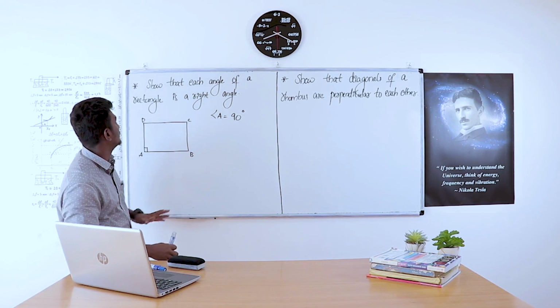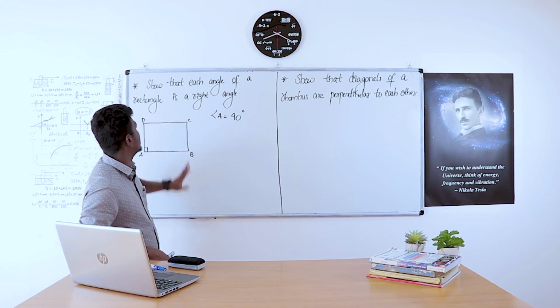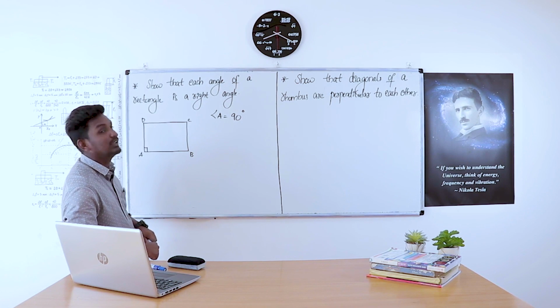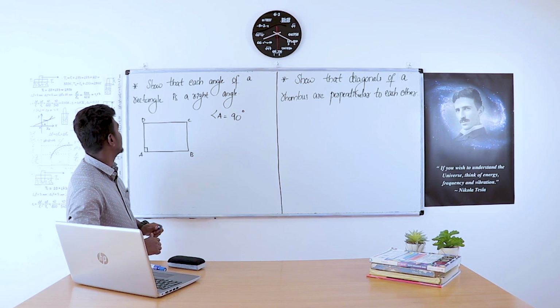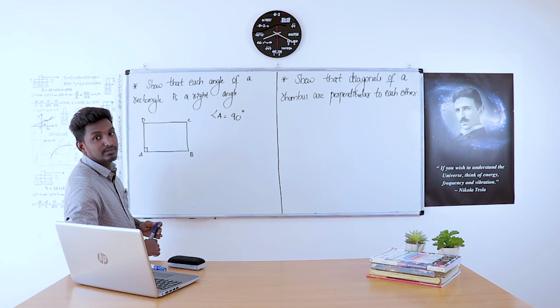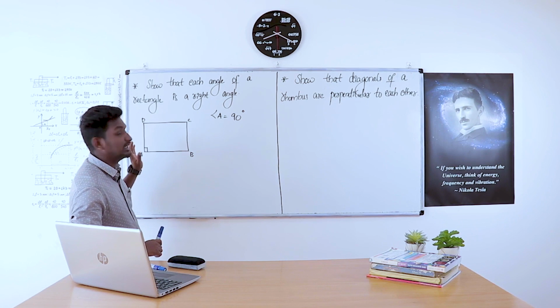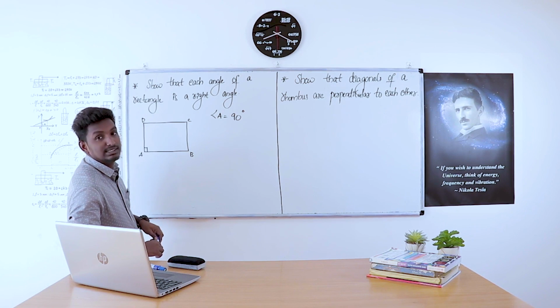How will we prove these three angles B, C, D are 90 degrees? Just go through some properties related to parallelograms. We know that opposite angles in a parallelogram are equal. Opposite sides are equal.